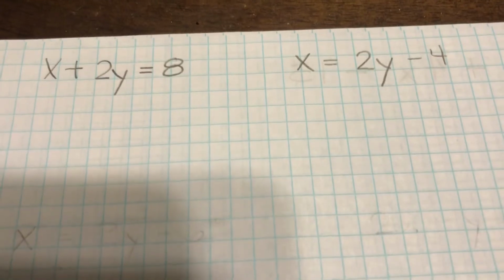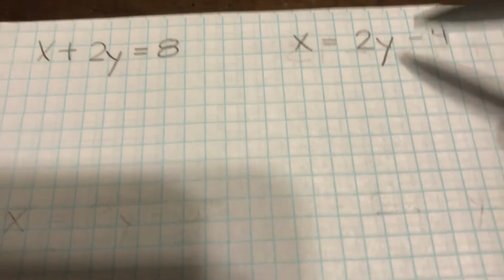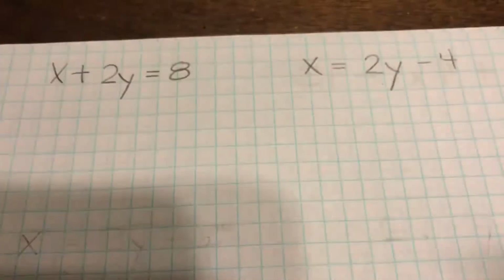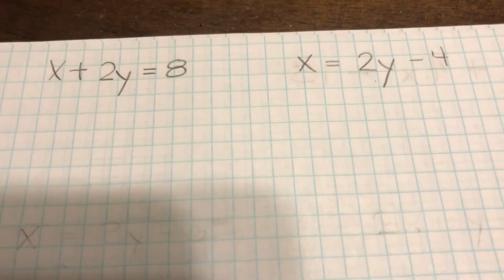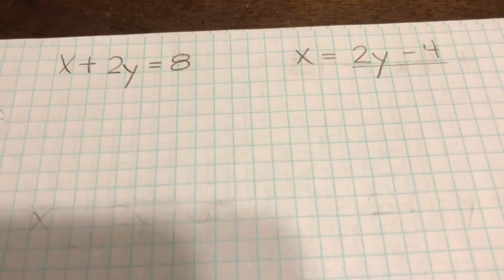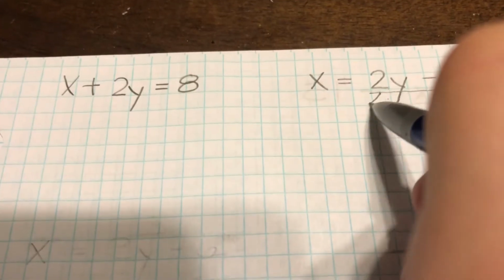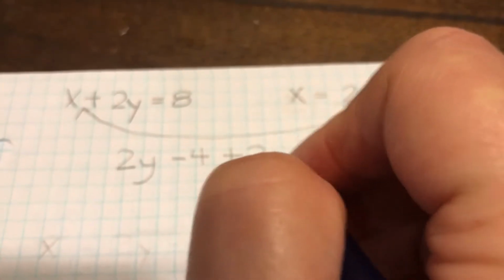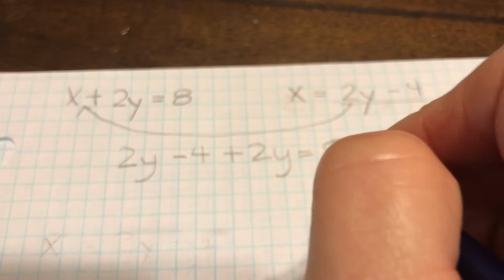Just like if it told us x is equal to 7, we would take that 7 and put it in for this x, we're going to do exactly the same thing here. I'm going to take what x is equal to, this quantity 2y minus 4, and put it in for that x right there. It's going to give me 2y minus 4 plus 2y is equal to 8.